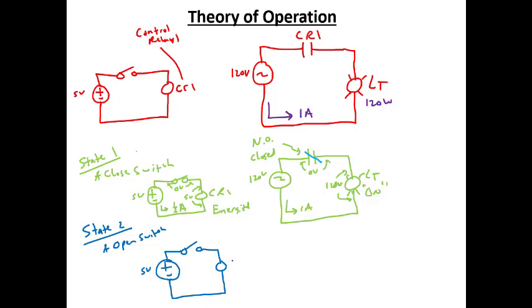This is open. This would be CR1. And then we have our high power circuit over here, 120 volts. This is CR1. This is our light. Okay, so now the switch is open.